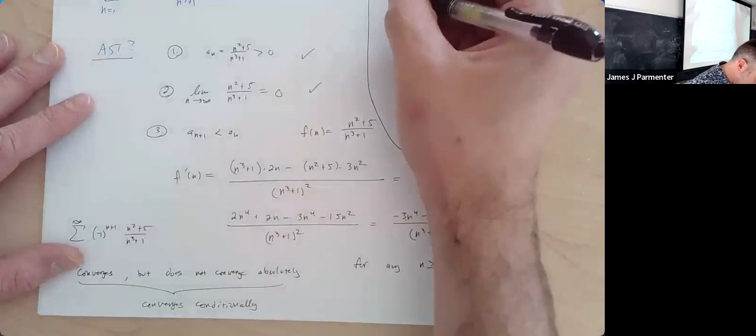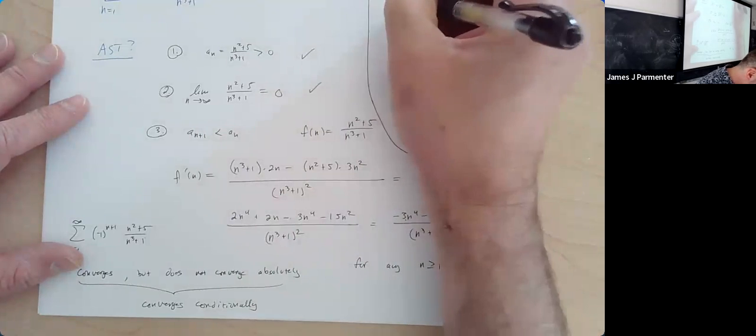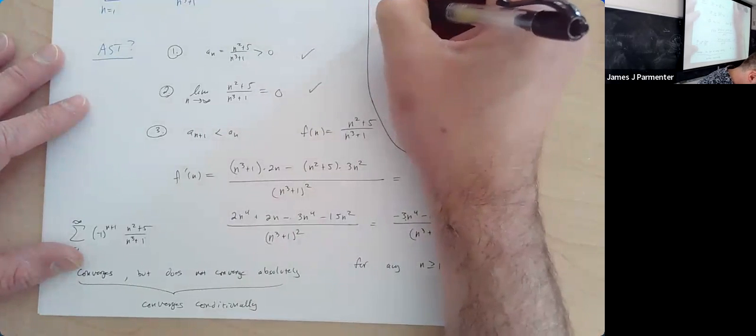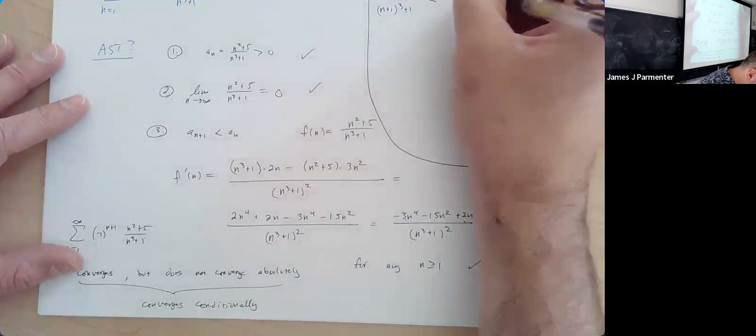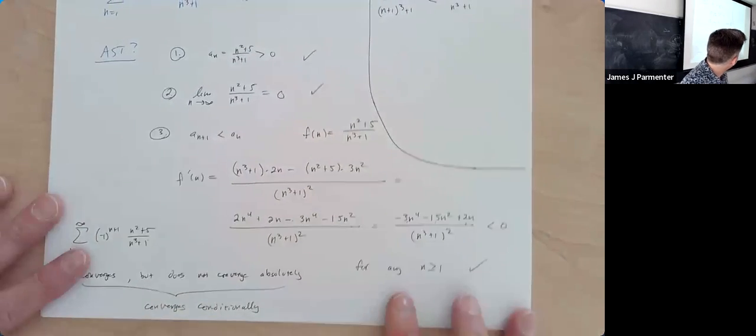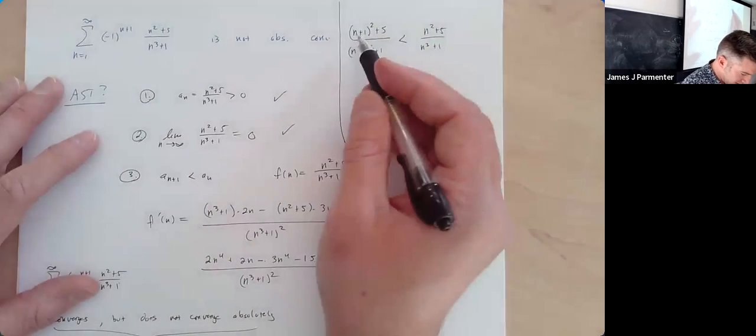So we would be trying to show that (n plus 1) squared plus 5 over (n plus 1) cubed plus 1 is less than n squared plus 5 over n cubed plus 1. And then you typically cross multiply and end up canceling a bunch of stuff and getting eventually that something is bigger than something else that is true. So if I was going to do this one, I'd multiply out.